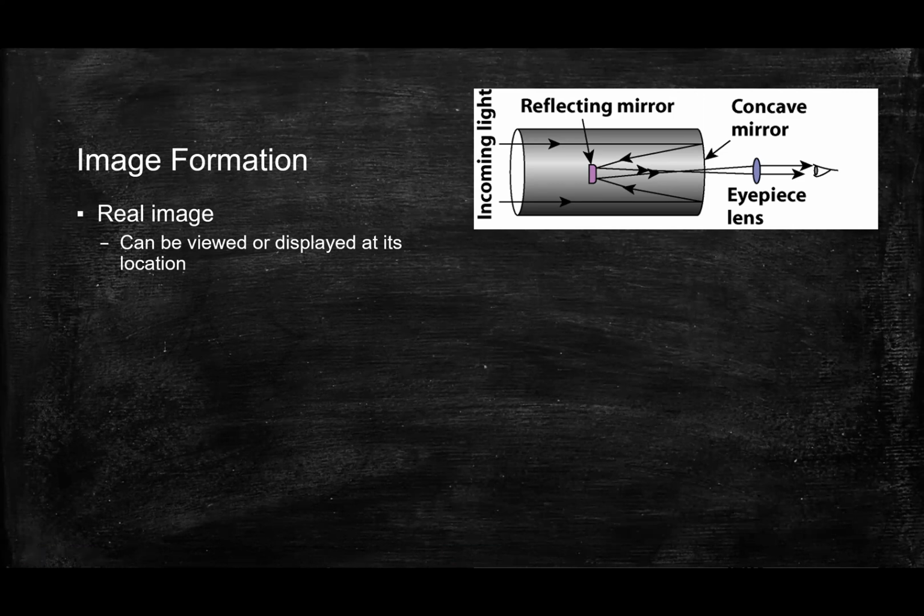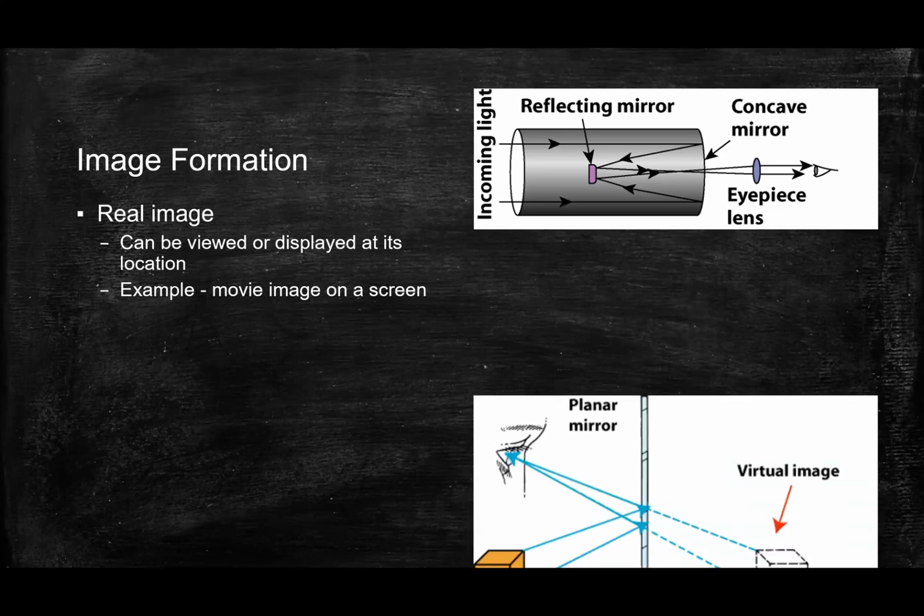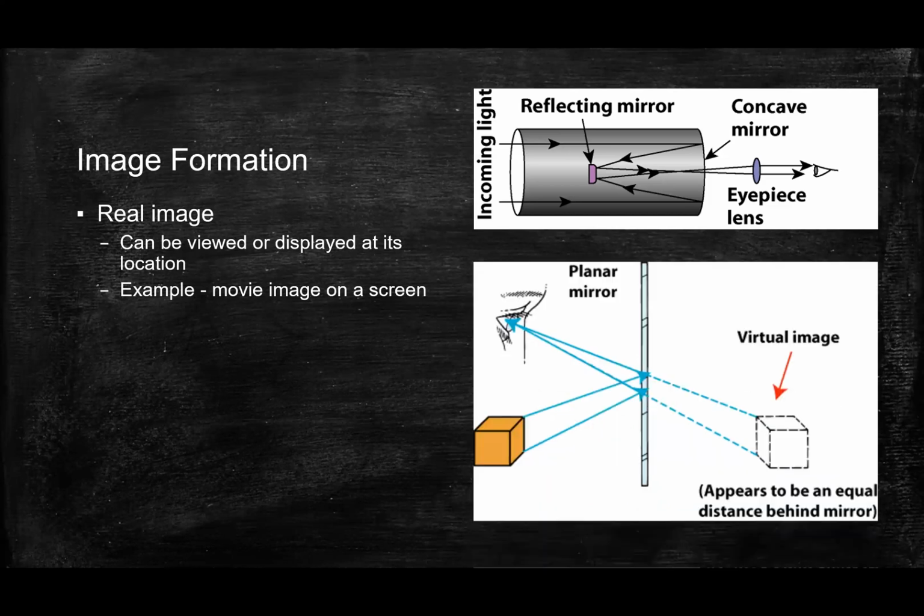For example, if it's not reflected from a mirror, it's called a real image. And this can be viewed or displayed in a location, kind of like on a screen. An image that's played on a movie screen from a projector, not a digital image. And then the ones that we're talking about here, which consist of our mirrors, make up what's called a virtual image, meaning that it's not a real image.